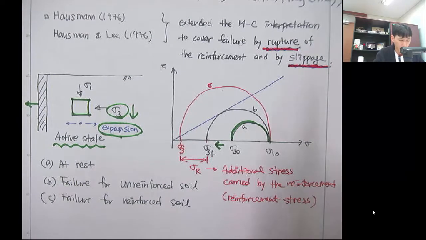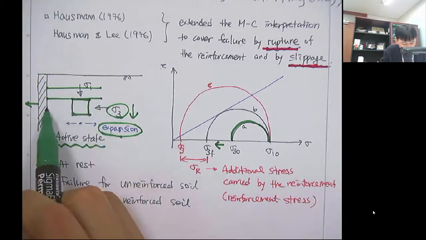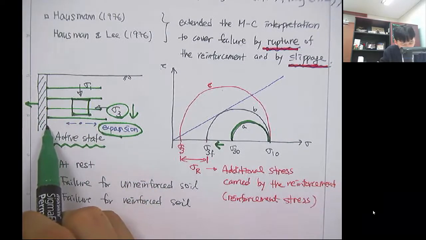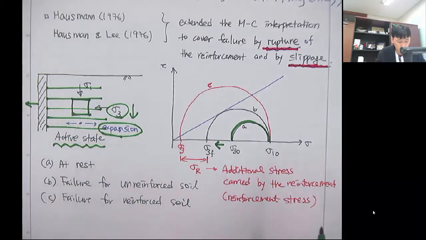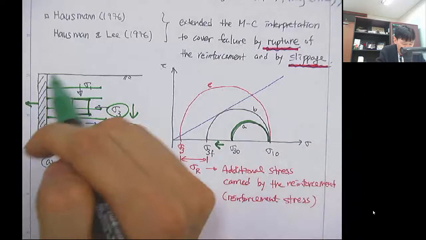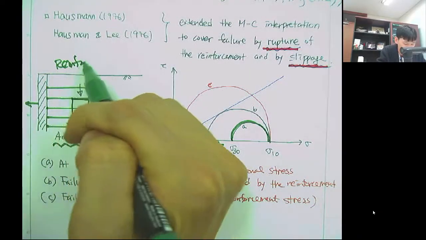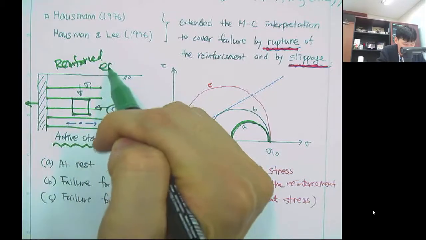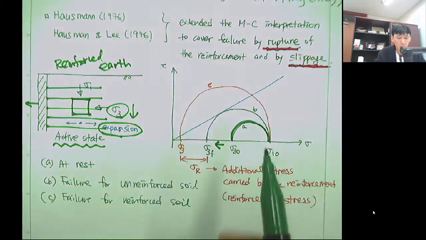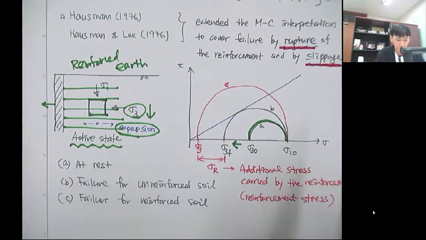But when you install reinforcement, like a strip bar, a sheet or soil anchors, this reinforced earth can sustain more deformation, so larger deformation.